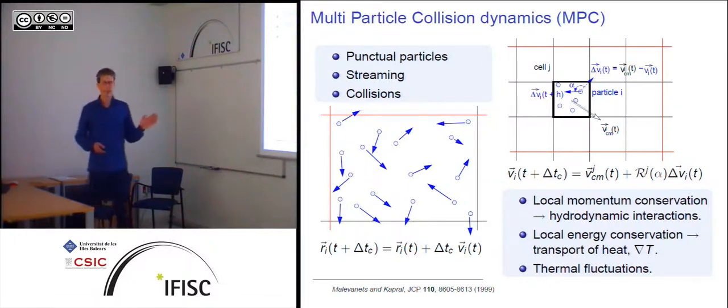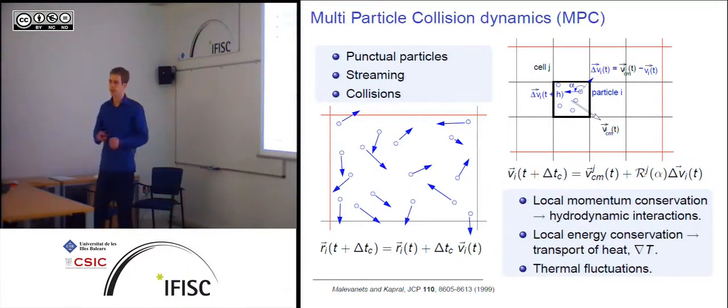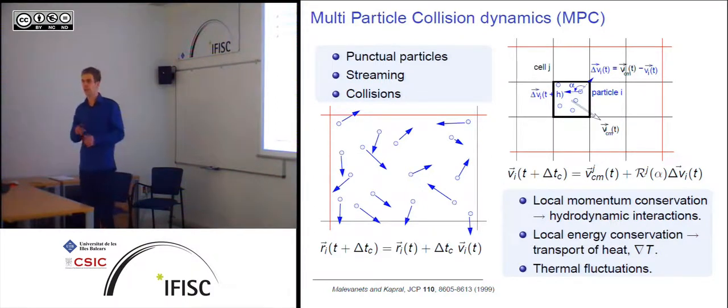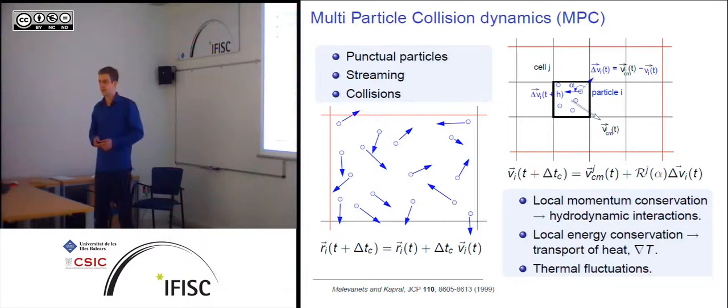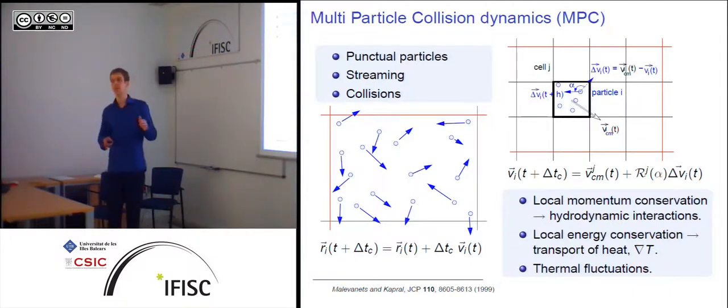Okay, this method so far has been used a lot. It has a lot of applications which have been done for polymer systems, colloidal systems with external fields like shear flow, sedimentation, and even more complex molecules like star polymers and vesicles, or recently it's very successfully applied to the simulation of red blood cells.